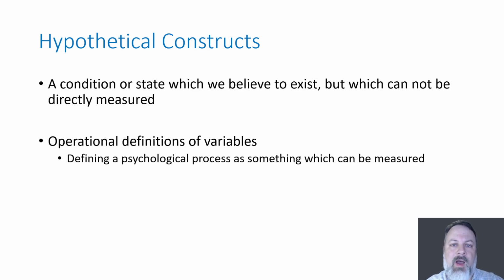Or if we want to define attractiveness, we could say a person's rating on a scale of 1 to 10, with 1 being unattractive and 10 being very attractive, the average rating of a person will be our measure of attractiveness. So you have to figure out some way to quantify things.